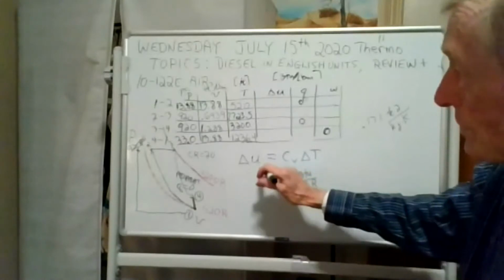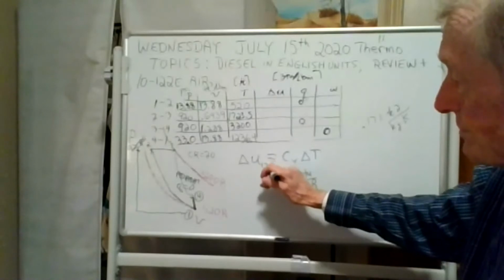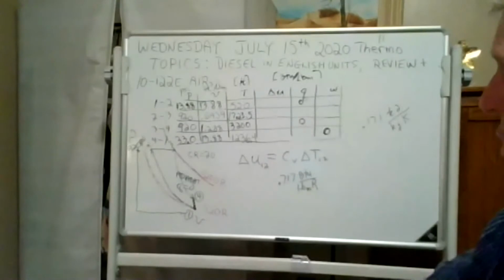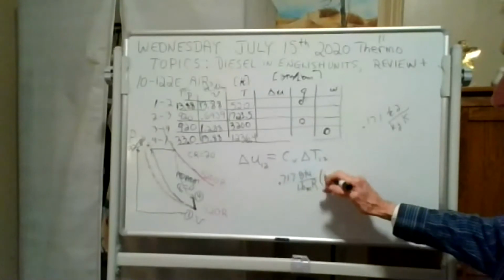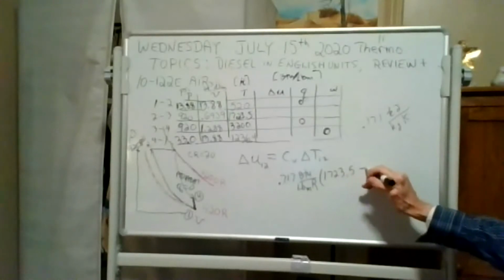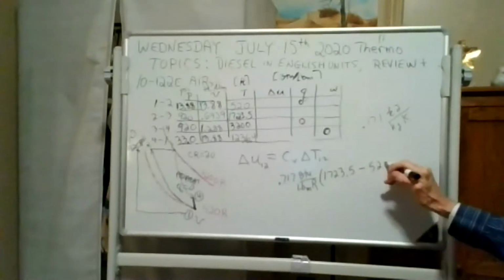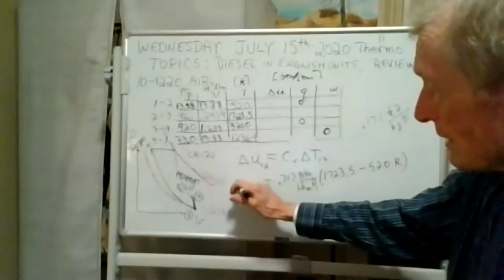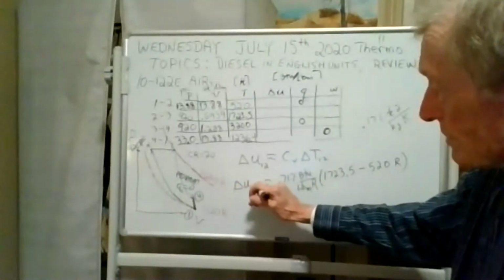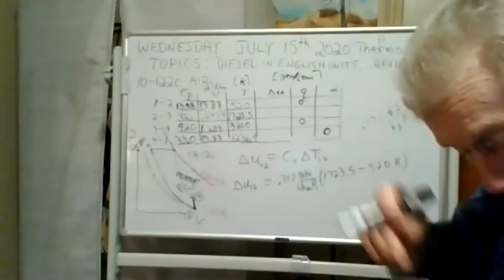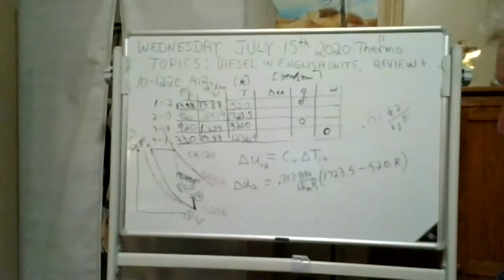Now if you're going from 1 to 2, then the temperature from 1 to 2 would be 1723.5 minus 520 Rankine. And that should give you your delta little u, your change in specific internal energy.